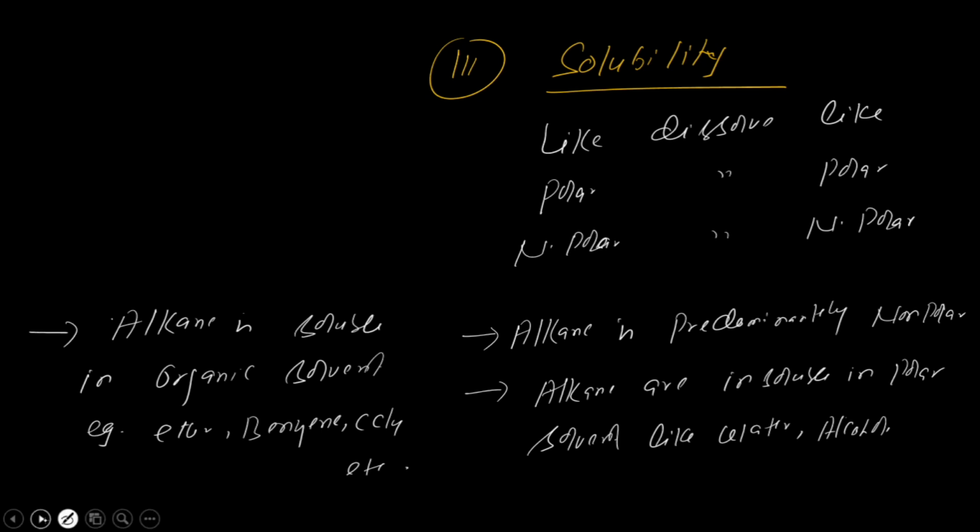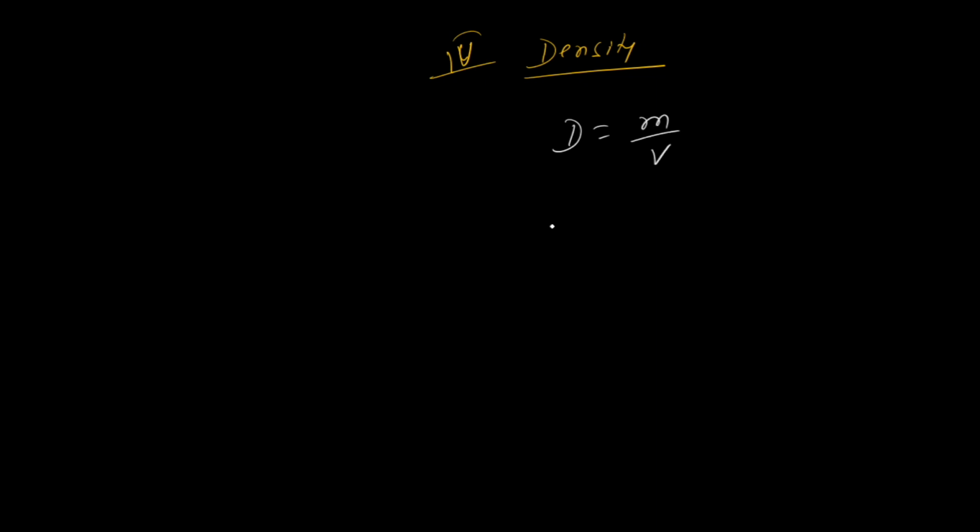Now we'll next study the fourth one, density. We have to compare the density. Densities of alkanes increase with increase in molecular mass, because density is equal to mass by volume.